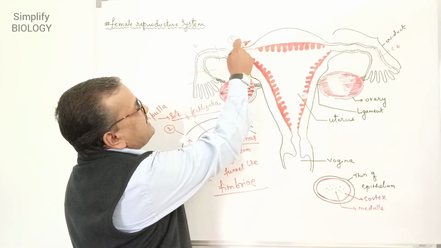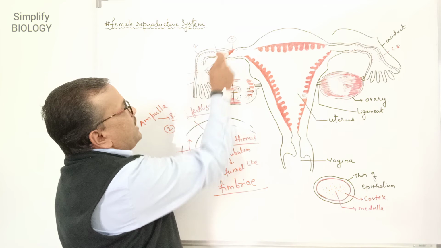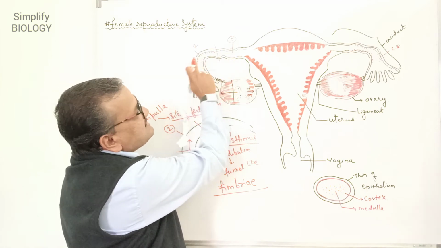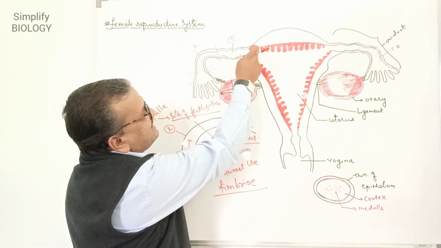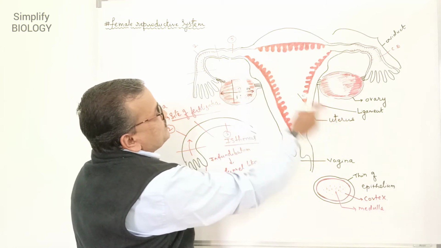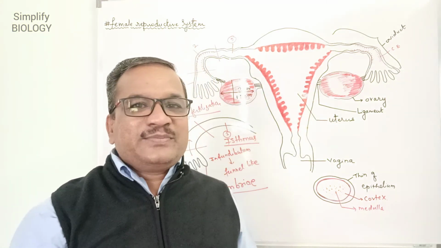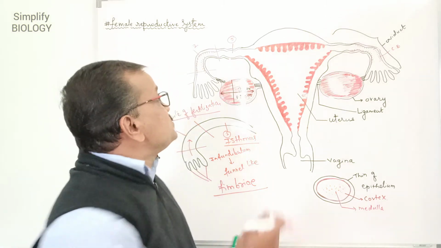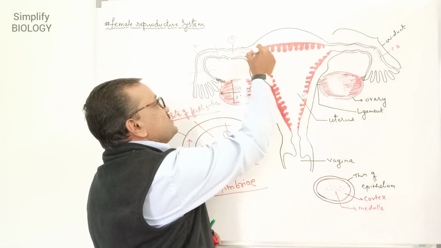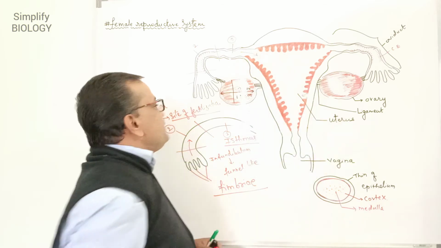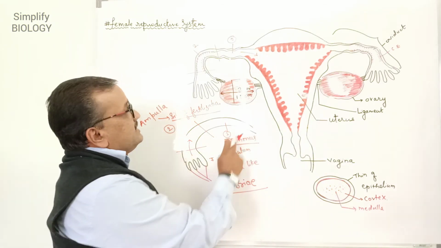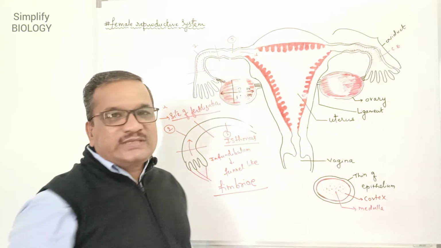Understood? And it is connected to what? It is connected to the ampulla from this side, and from the other side it is connected to the uterus. From here the uterus will start. This is the distal part, which opens into the uterus. So here is the opening. Understood? So the isthmus opens into the uterus.